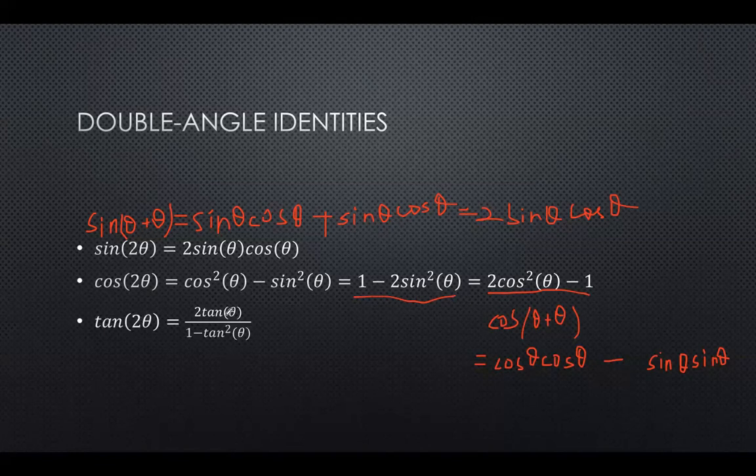For tangent, the identity reads tangent theta plus tangent theta over 1 minus tangent theta times tangent theta.